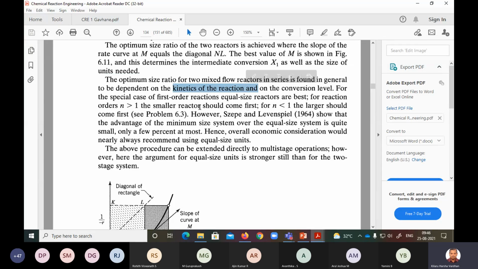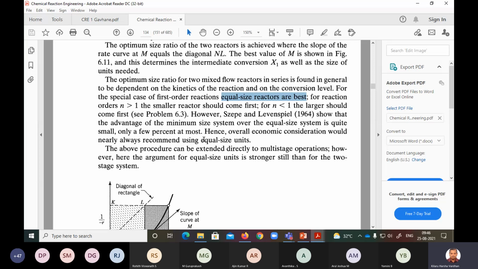What do you mean by kinetics? It is nothing but the k value and n value. So you cannot generalize this, but for the special case of first order reactions, when the order is 1, equal size reactors are better. Remember that for first order reactions, equal size reactors are better.